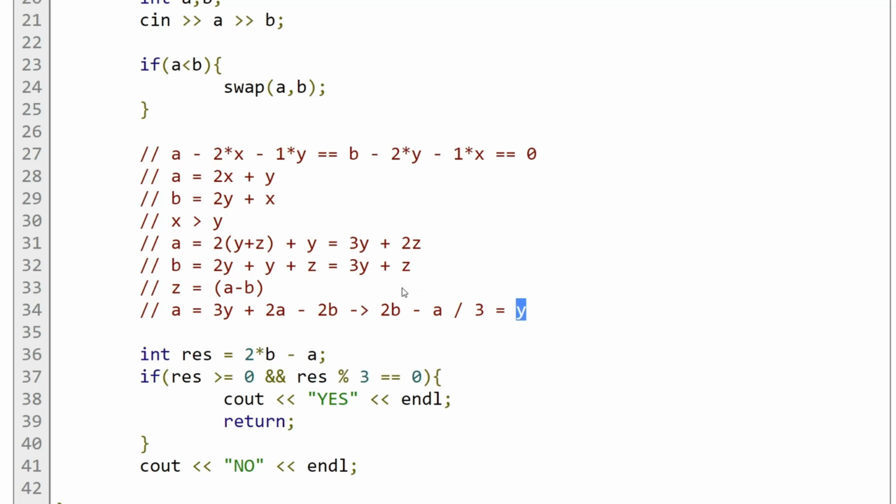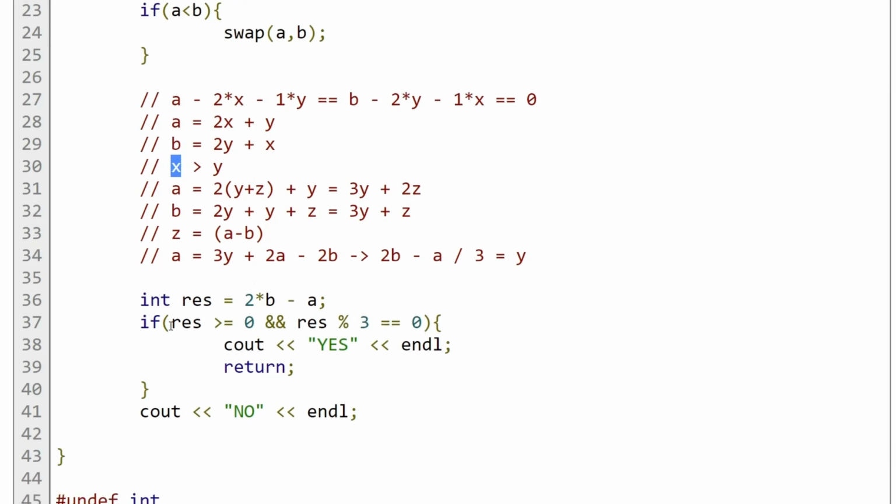And with that we also make sure that x will not be negative, because x is greater than y and y is not negative. So we just execute the simple if statement as I was explaining. So the result should be greater or equal to 0, and the result modulo 3, okay?